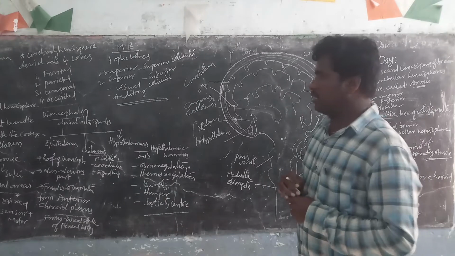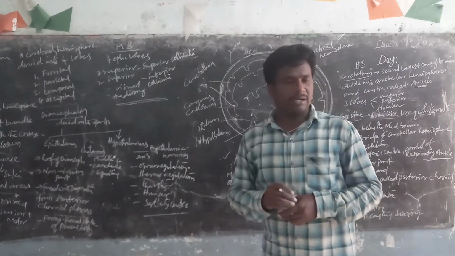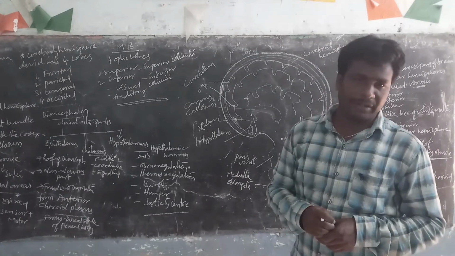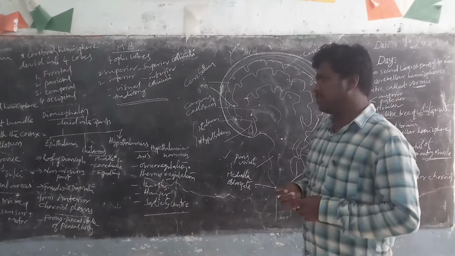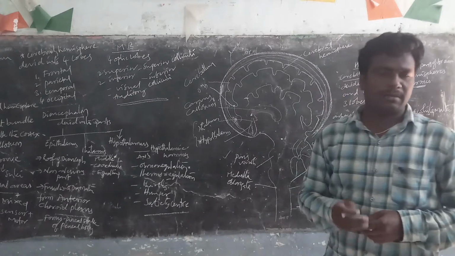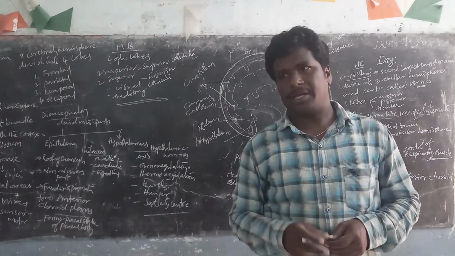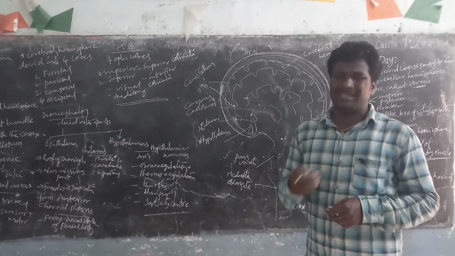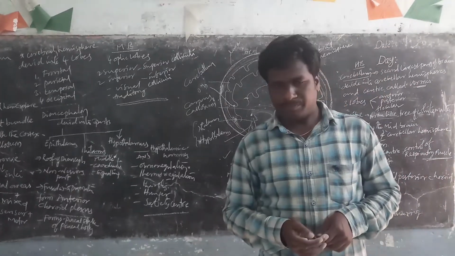Then in the cerebral cortex there are different types of functional areas: the sensory area, motor area, and association area. The sensory area receives sensory impulses and sends signals from the cerebrum.